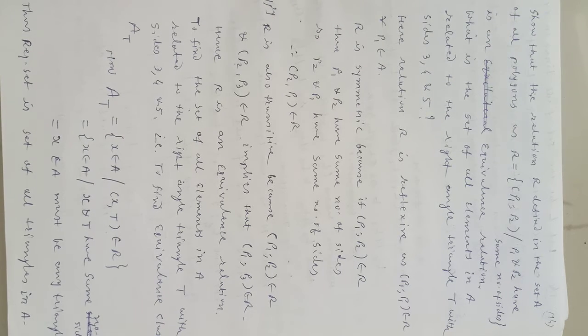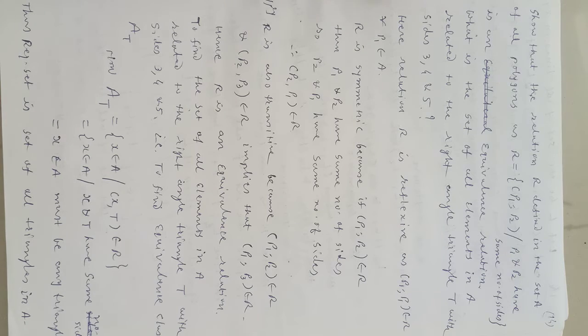How? First we check reflexivity. In a reflexive relation, what do we check? The definition of reflexive relation is that the ordered pair (a, a) should be a member of R for every a.